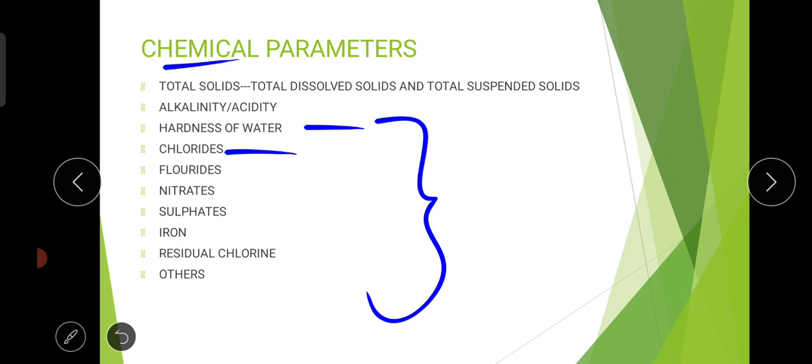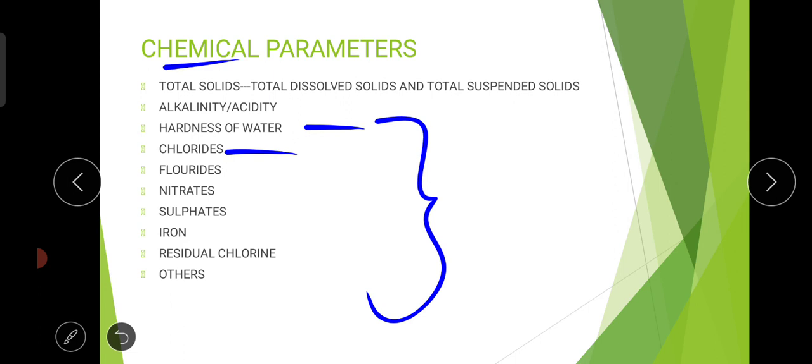Next is chlorides. Chloride is a mineral which is embedded in the earth's crust, so it gets contaminated in water. If you happen to take an excess amount of chlorine, it may lead to excess osmoregulation and hypertension. Some gastrointestinal problems also occur.